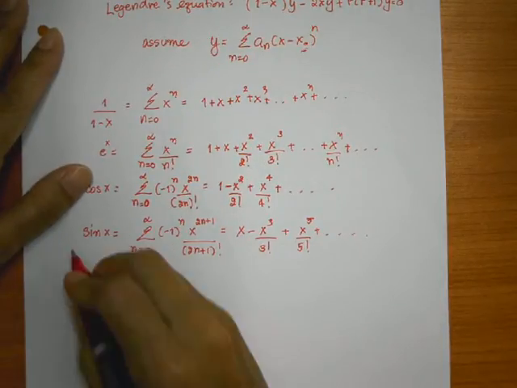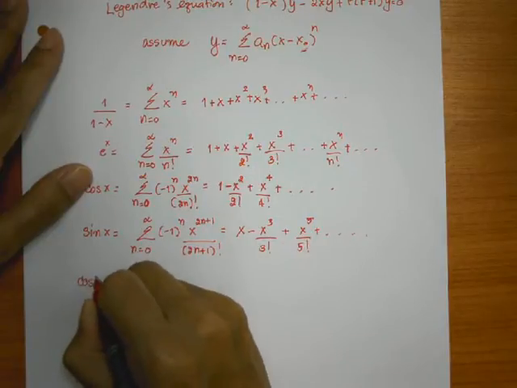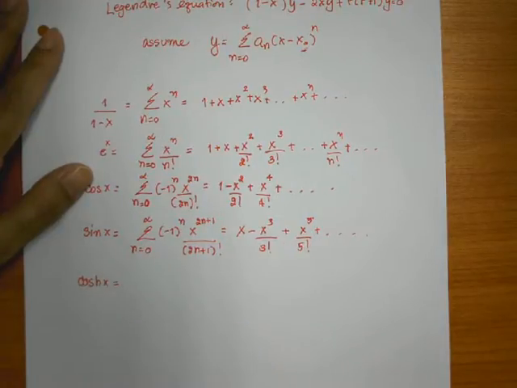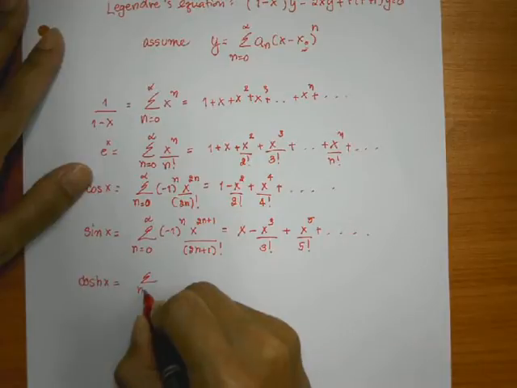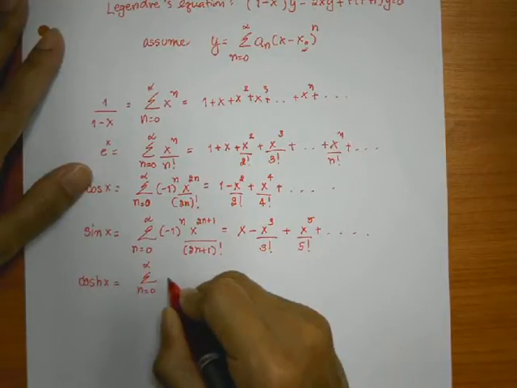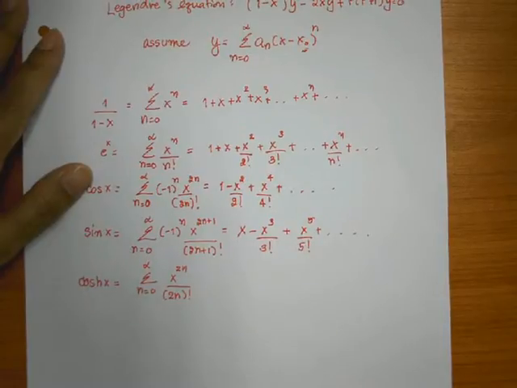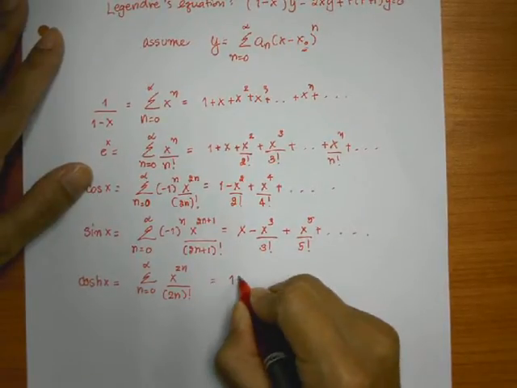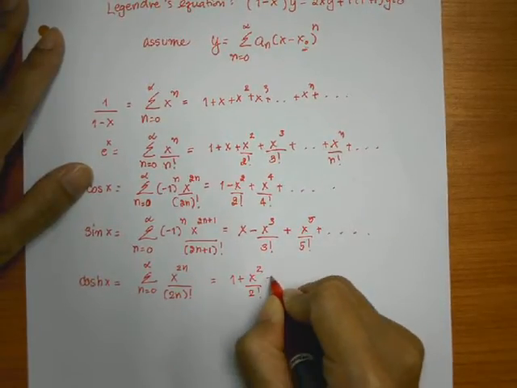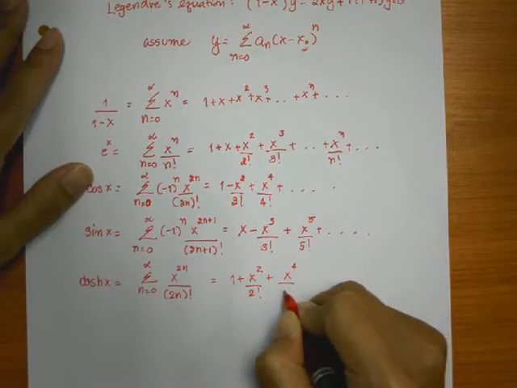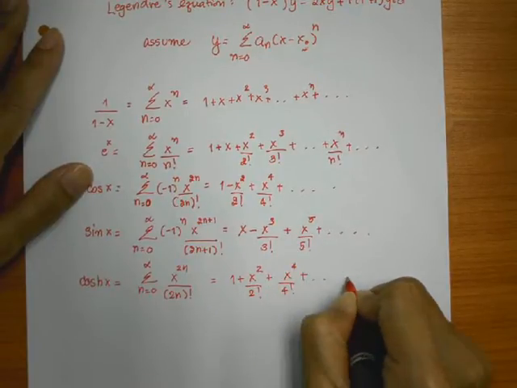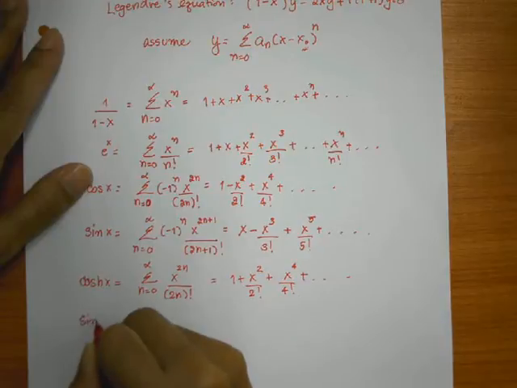Now you would see cos hyperbolic x, which is equal to 1 plus x squared divided by 2 factorial plus x to the power 4 divided by 4 factorial, and sine hyperbolic x.